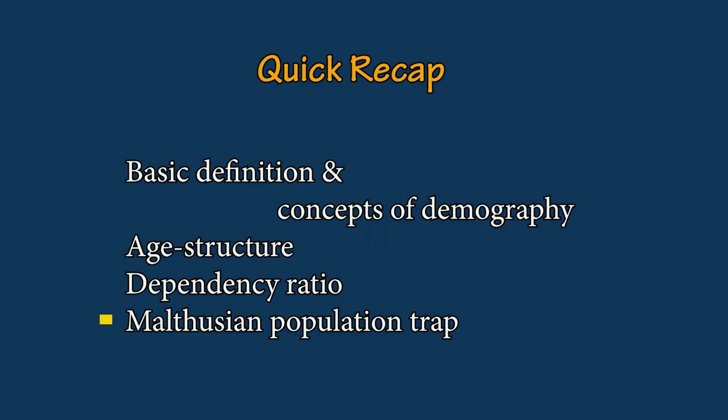That was the debate. After this debate, we talked about the Malthusian model of the Malthusian population trap. That model discussed the whole issue of population growth and income growth at the macro level, across the whole economy.